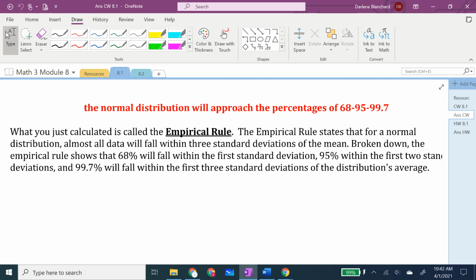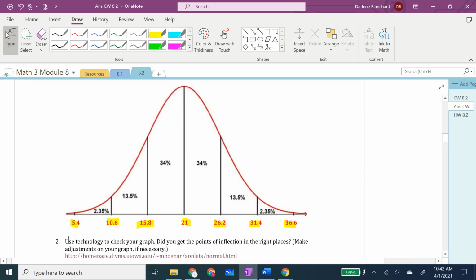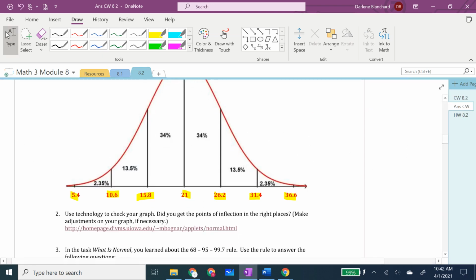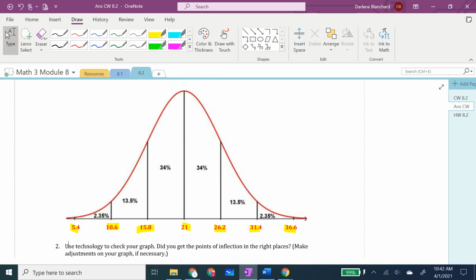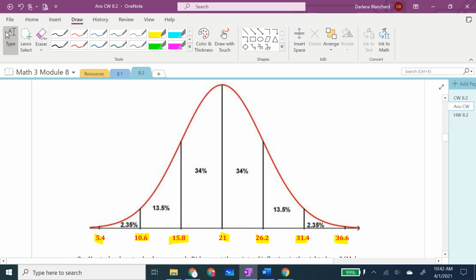Remember, this is theoretical, not necessarily what actually happens with every single set of data. So if you look at these numbers, this is theoretically an approximate.